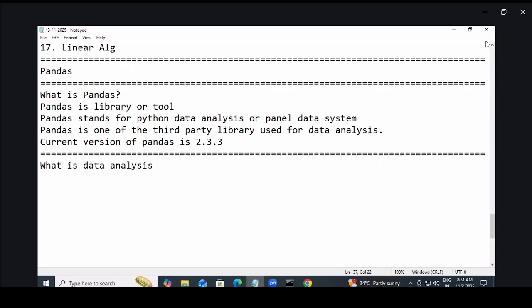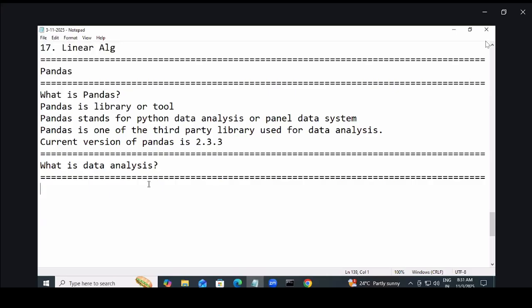First, you should know this, because pandas is for data analysis, right? Then what is data analysis? What is the meaning of data analysis?